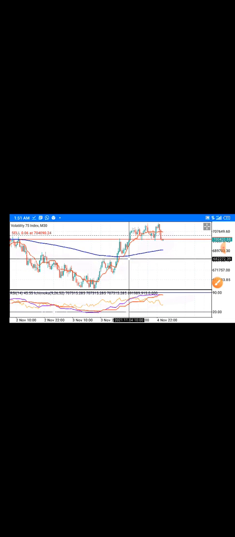And so how are you going to use this effectively? You make sure that number one confirmation is that the Ichimoku in the main chart has crossed and points down.